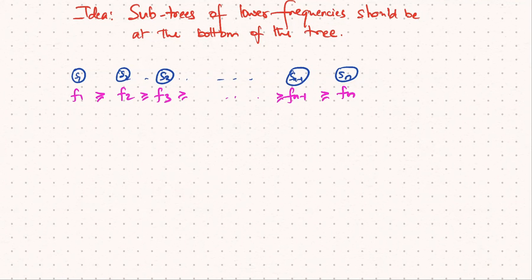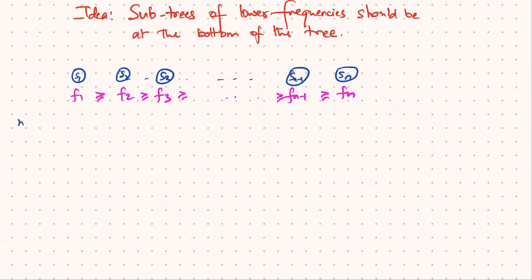So I can basically look at the two lowest subtrees, lowest frequency. I can look at the leaves which have the lowest frequency and basically club them together and put them at the bottom of the tree, right? So I can do something like this in the next step.